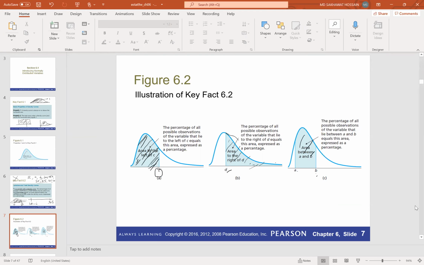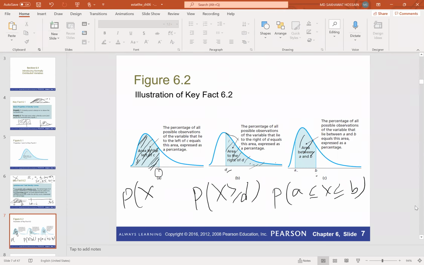That means here we have the area between A and B that represents the probability between A and B for variable X. This represents probability X greater than or equal to D, and this represents probability X less than or equal to C.